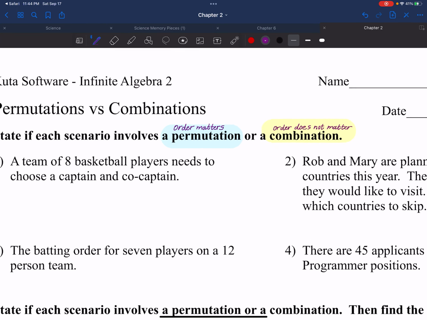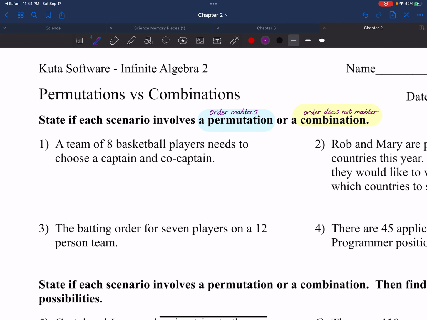All right. A team of 8 basketball players needs to choose a captain and a co-captain. Does order matter on this one? Yes. This is a permutation because it matters who is the captain and who is the co-captain.